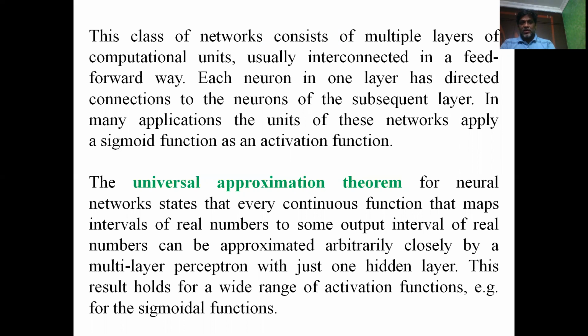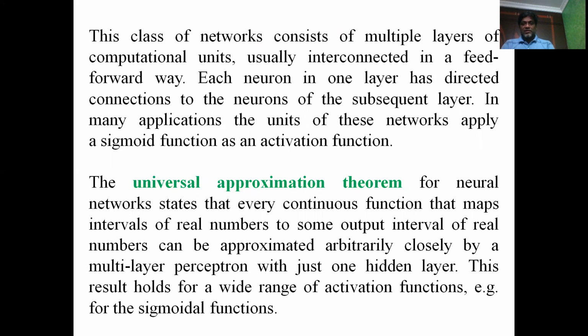In most applications, the units of these networks use a sigmoidal function as the activation function, as we saw earlier. Just like a single layer feed forward neural network, this multi-layer feed forward neural network also makes use of the sigmoidal or logistic function as an activation function.